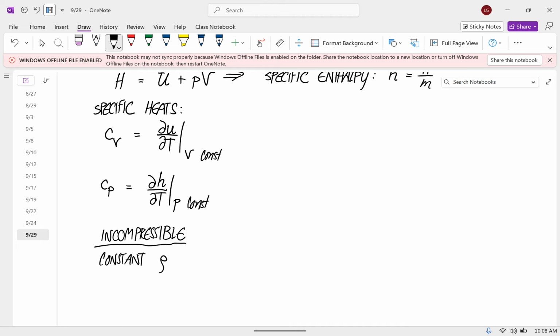Okay? Liquid water. Steam does do that, but not liquid water. So constant density is like the definition of incompressible. And since specific volume is the reciprocal of density, that also means constant specific volume.